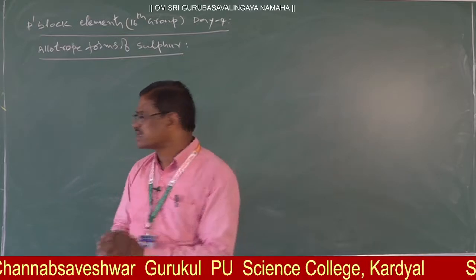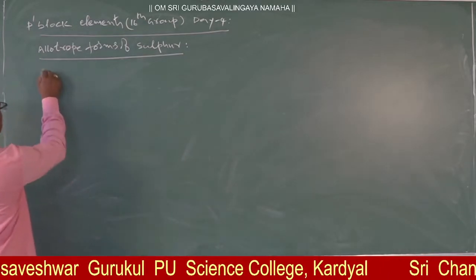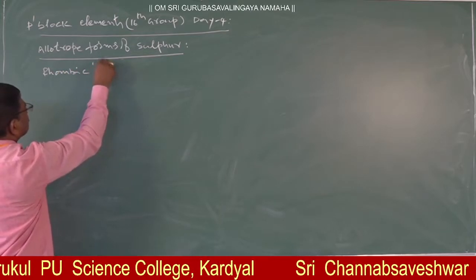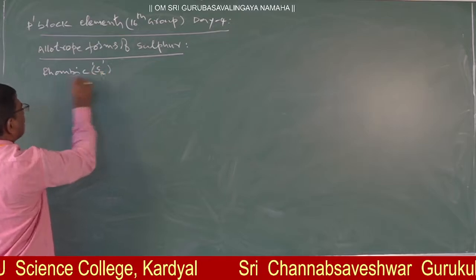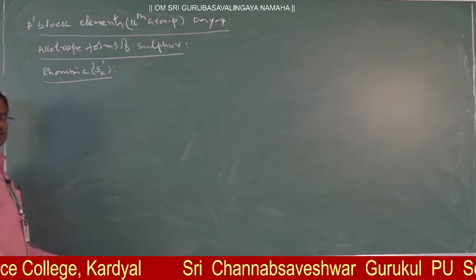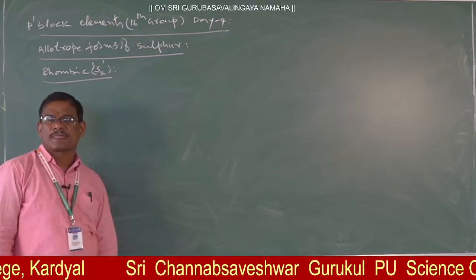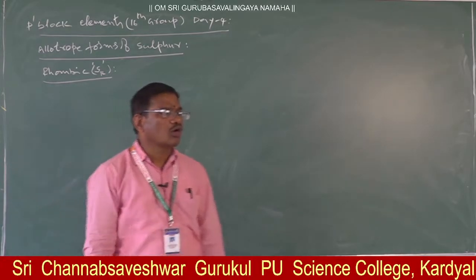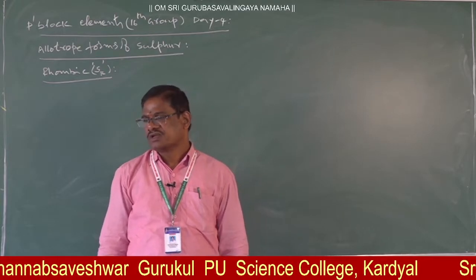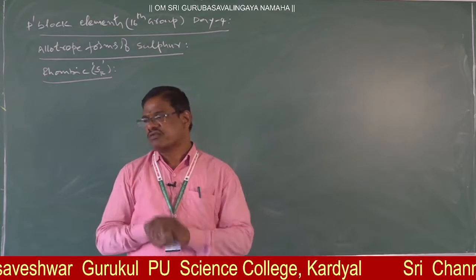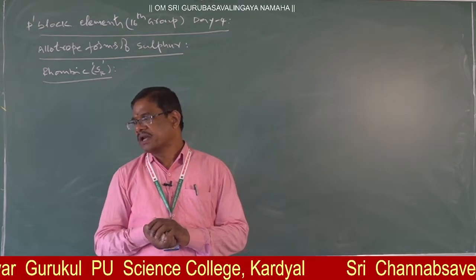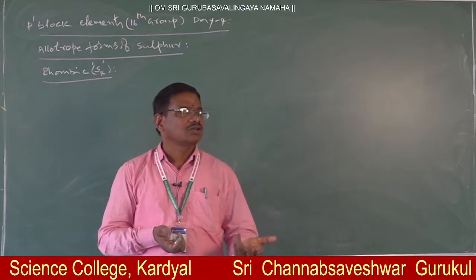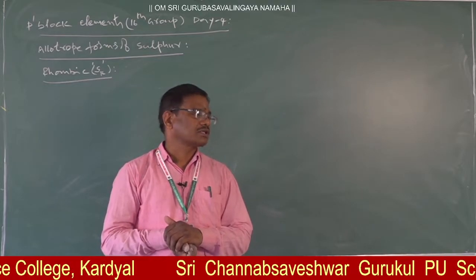Rhombic sulfur is sometimes denoted as SR. This rhombic sulfur is prepared in what way? Roll sulfur is one more form. A solution of roll sulfur on evaporating, the vapors that come are condensed to give crystalline rhombic sulfur.